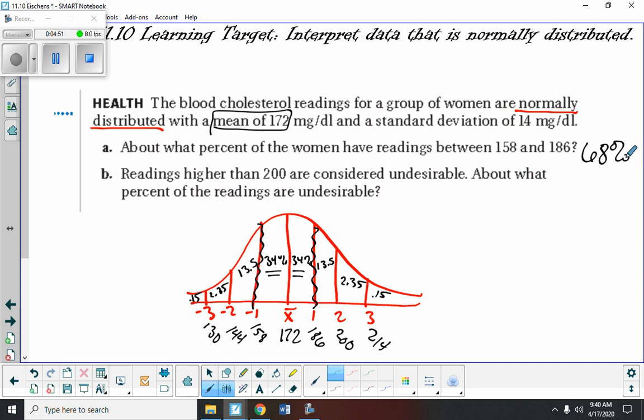Once you make the chart, it's really just looking at your bell curve. Readings higher than 200 are considered undesirable. About what percent of the readings are undesirable? So 200 is right here, and that would be 2.35 plus 0.15, so you'd add those together for 2.5. 2.5% are undesirable. They're above 200.